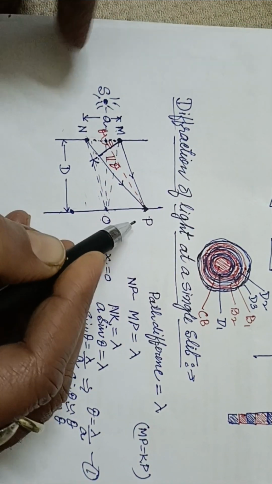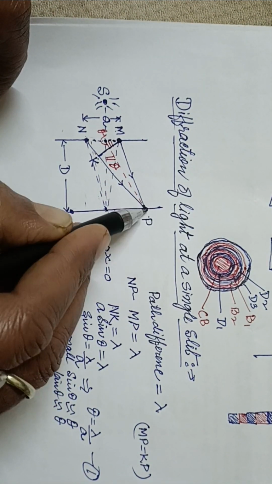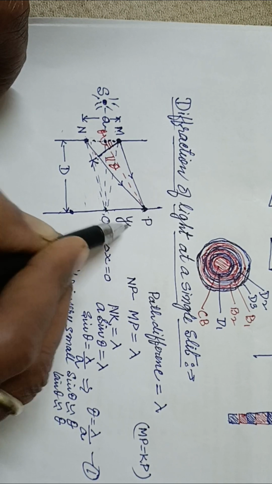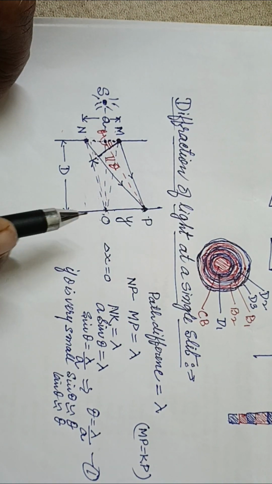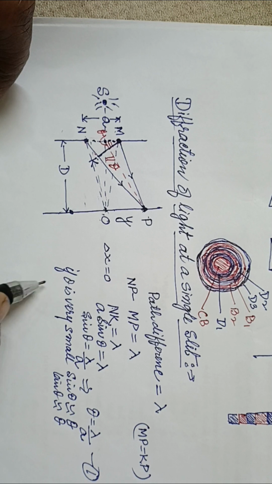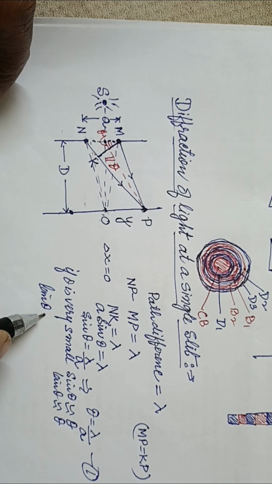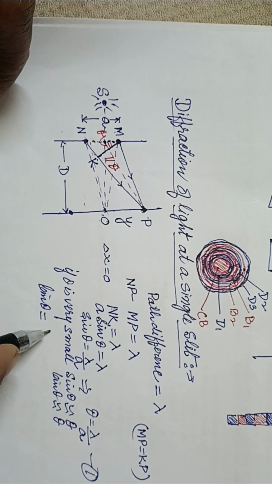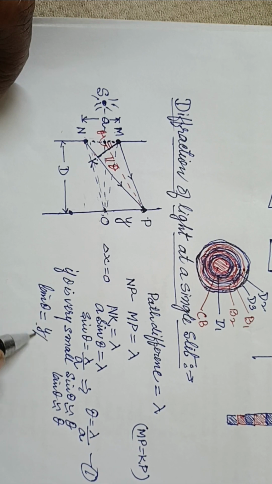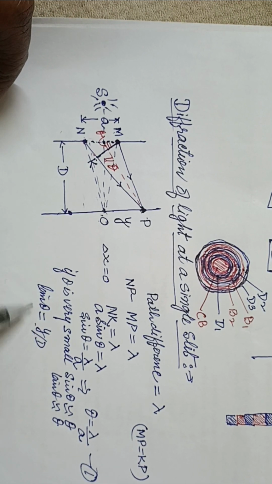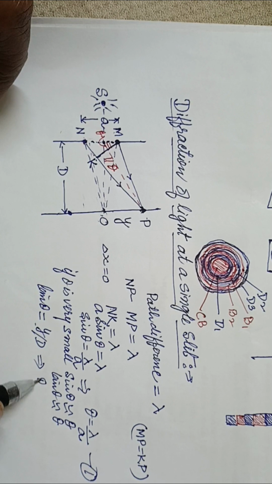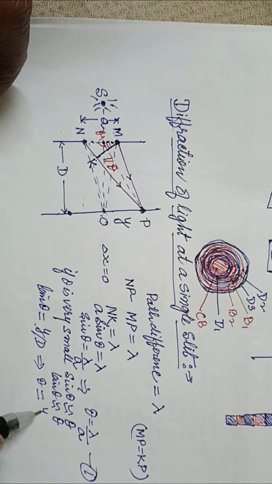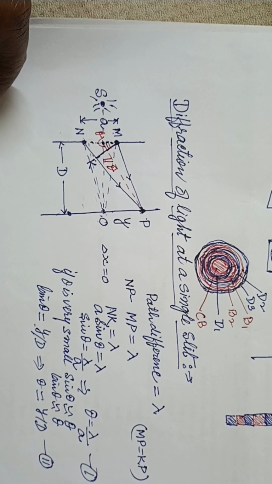And suppose this OP distance is y, and the width is d, then tan theta is equal to this upon this, it means y upon d, or we can say theta is equal to y upon d, equation number 2.